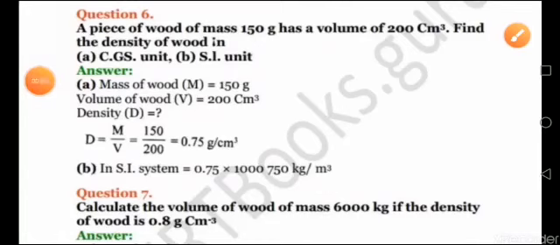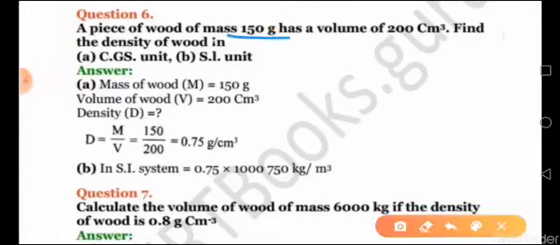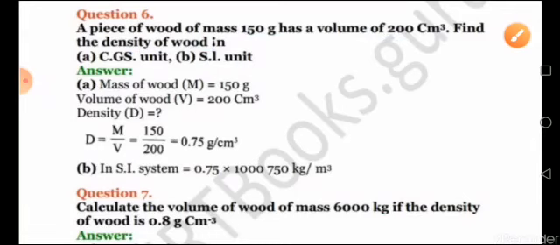Now coming to your question number 6, mass of a piece of wood is given, volume is given, you have to find the density in CGS unit and SI unit. CGS unit is in gram centimeter raised to minus 3 itself. SI unit will be kilogram per meter cube or kilogram meter raised to minus 3. Now when you find out the answer, directly you will get the answer in CGS unit.